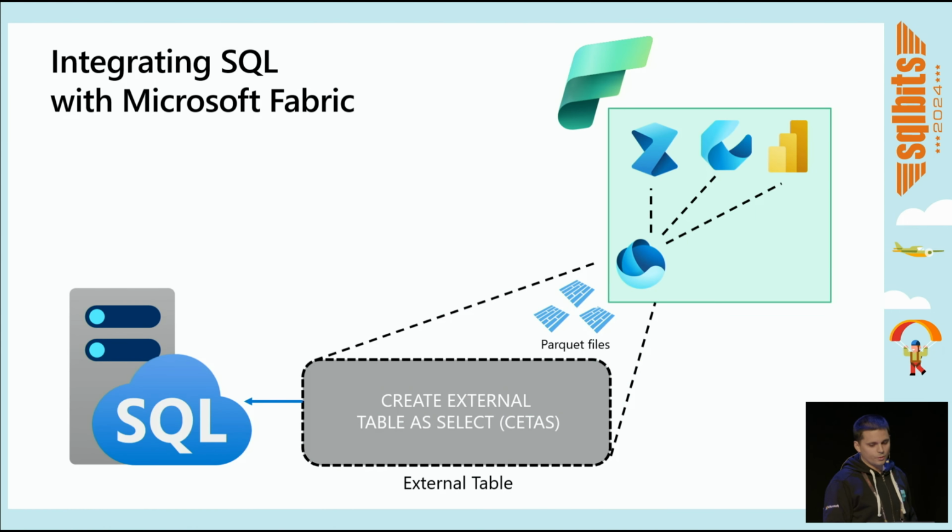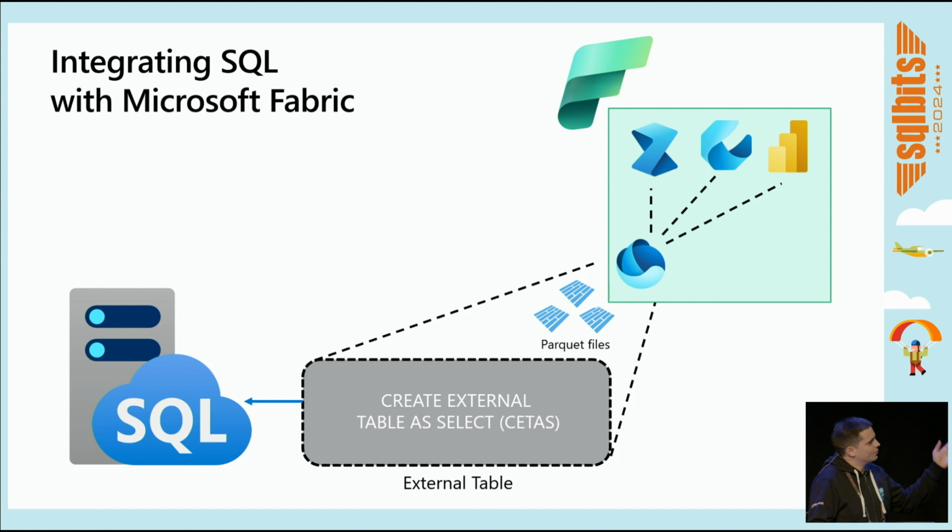If you have data in SQL Managed Instance, you want to place it in OneLake and then analyze it there. That's probably why you're here, right? There's a feature in SQL called CREATE EXTERNAL TABLE AS SELECT, or CETAS for short, or I don't know how to say it, or if it's even a word.